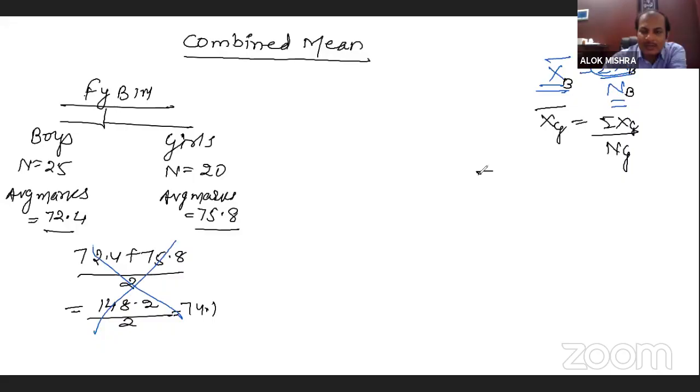So can I calculate summation of X of B? What is the average marks? It has to be written X bar B into N B. Similarly, summation of X G is equal to X bar G into number of girls.